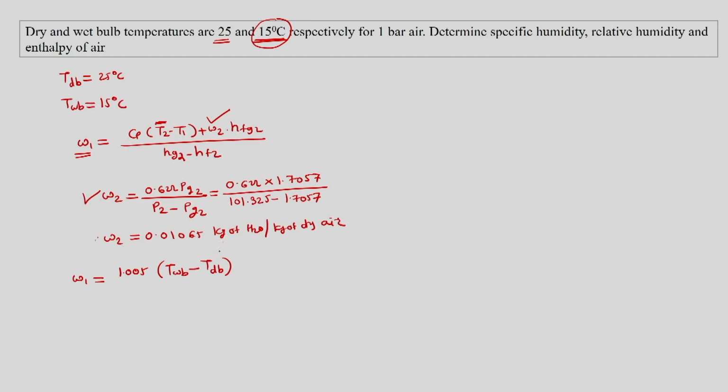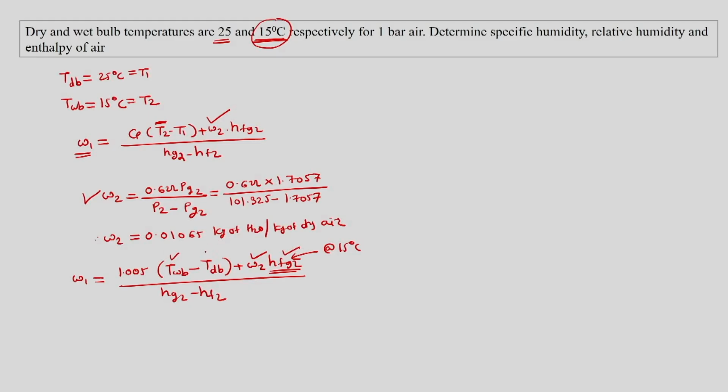So plus omega 2 Hfg2 divided by Hg1 minus Hf2. Here we would find out Hfg2 at 15 degrees Celsius, the latent enthalpy at 15 degrees Celsius. Omega 2 is evaluated. This we can find out from the steam table.